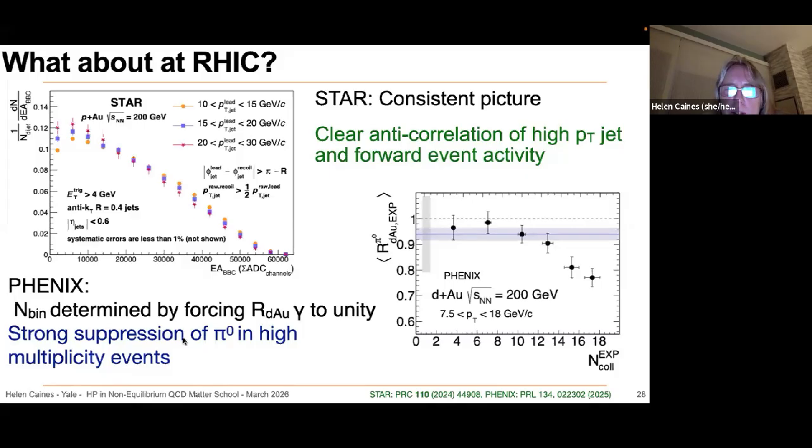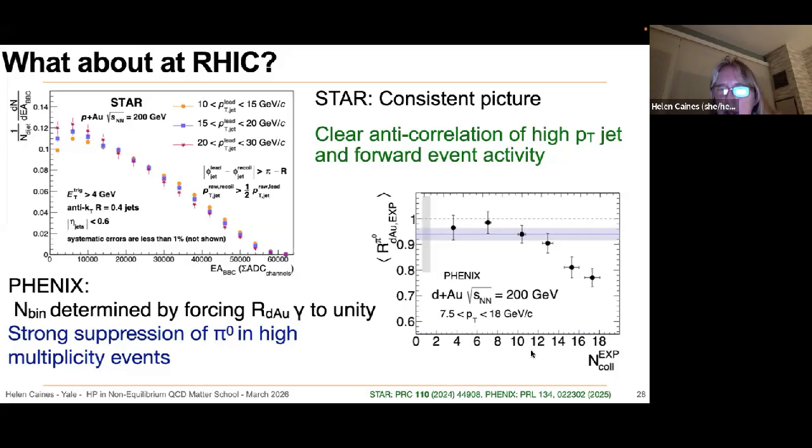So they forced the RdAu of the photons they were measuring to be unity. They figured out what they have to scale the pp by to match the d-Au results. And that's the number of experimental collisions that they use.